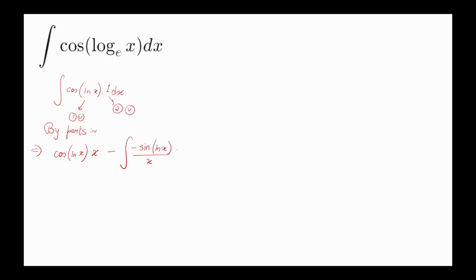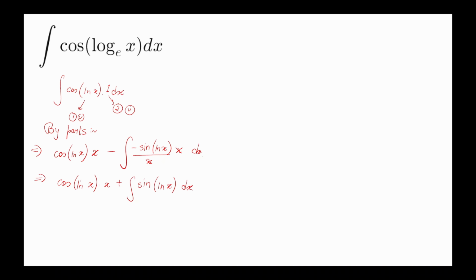So what is our v1? We would have x again here, so this would become dx. Now you can see that x and x get cancelled out and we are left with cos of ln x into x, minus of, sorry, this would become plus integration of sine ln x dx.